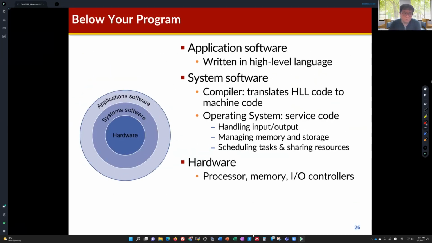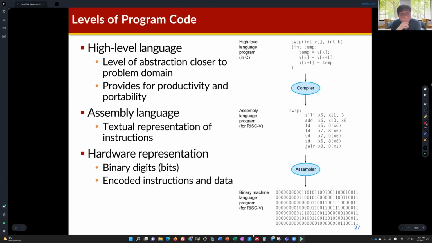This is another example of the architectural view of our computer systems. This figure shows only 3 layers: software, operating system, and hardware. I already explained these different layers in our computer system, so I will skip this. But we need to know how programs are executed in our computer systems.